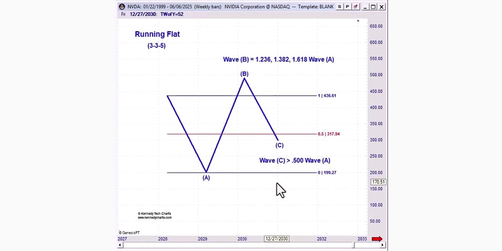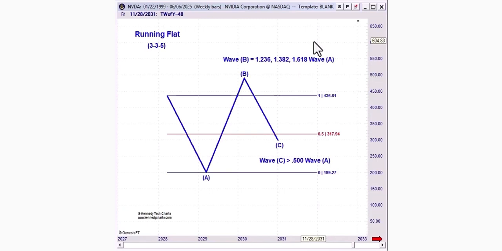So for example here, for a running flat, I really want that wave C to terminate below the 50% point of the wave A decline. This is what I'm looking at as a template of a proper running flat correction. And remember, whenever this occurs, that subsequent move should indeed be quite volatile.